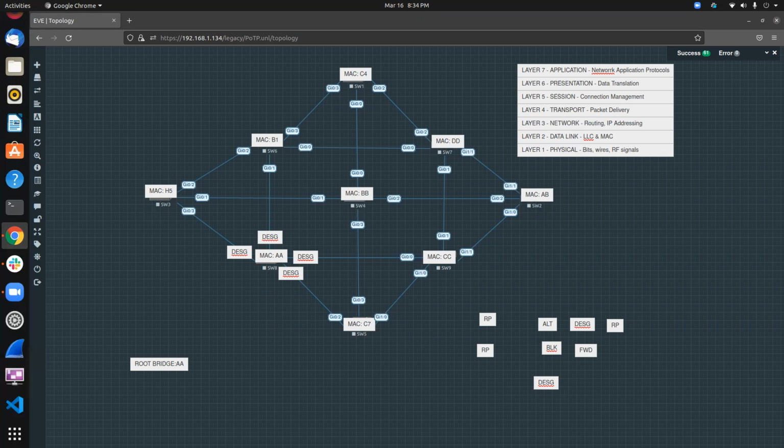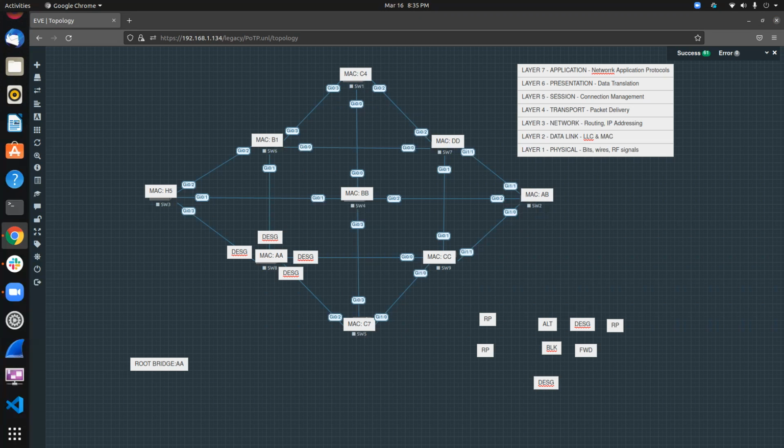Carlos, how do we determine the cost and calculate that? For the cost of the interface, we first need to determine the speed. Let's say you're working with a gig, assuming all of these are gig; the 1,000 speed would of course be a cost of 4. That's the cost of that link, end to end.